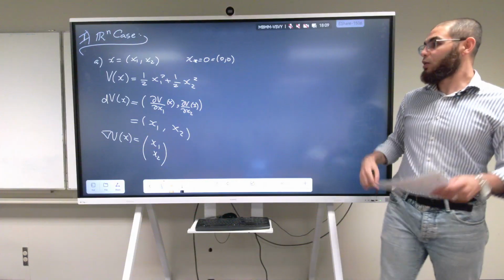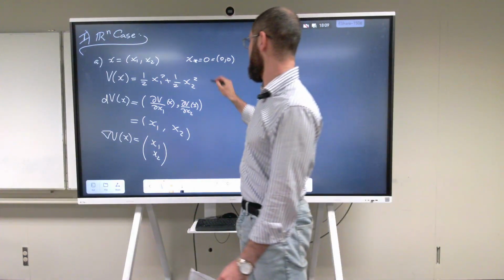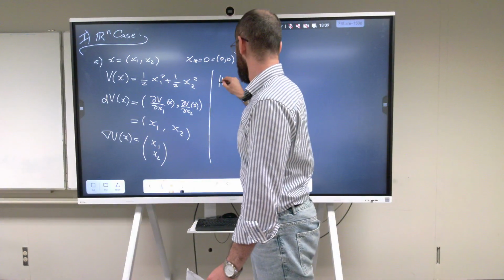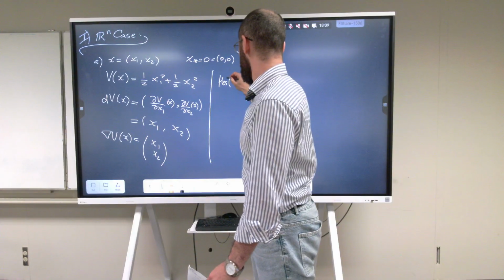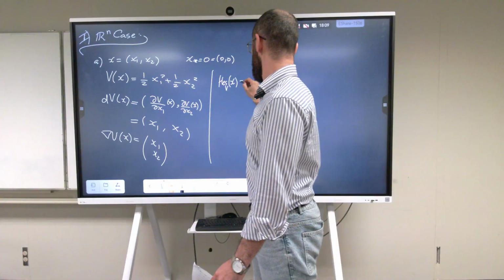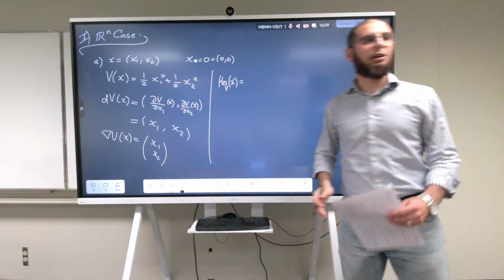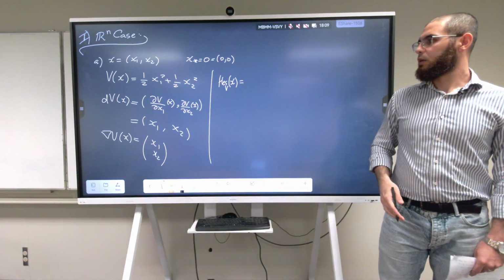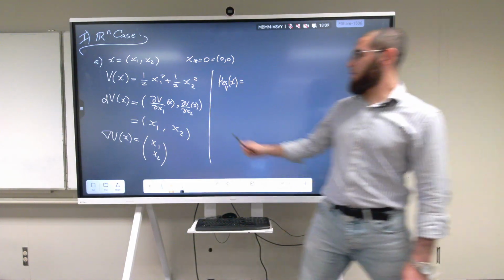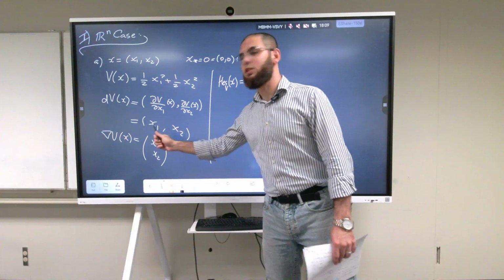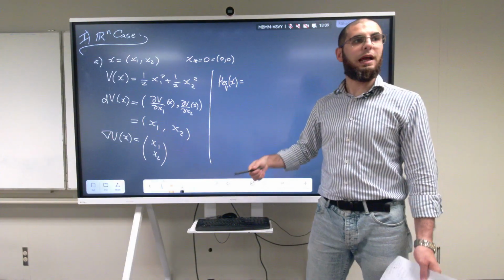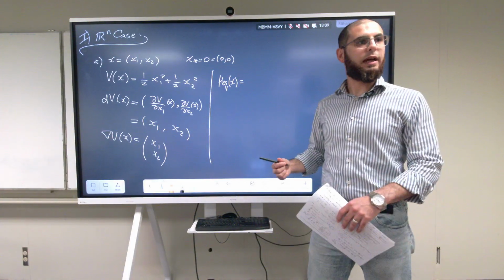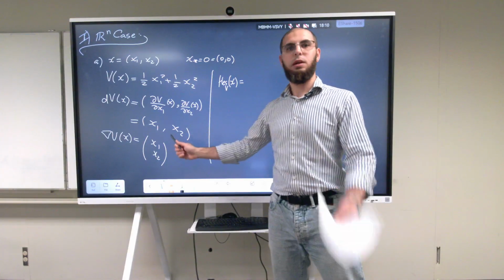Now let's look at the Hessian. How does the Hessian of this function look like? The Hessian of v as a function of x, how do you calculate it? It's the derivative of this with respect to x1, and then the derivative of it with respect to x2, and the derivative of this with respect to x.